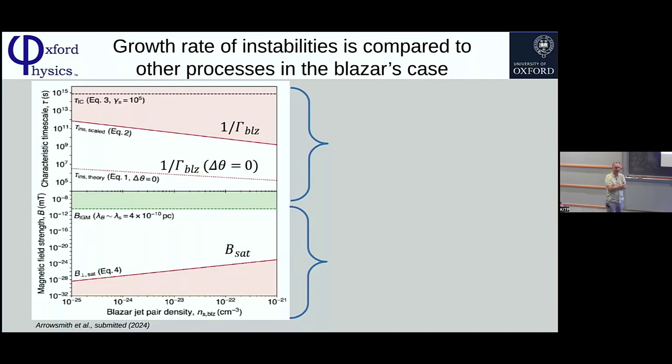Do you want the mic to make your good point? My understanding is that the FR2s tend to be in group environments, and there are some giant double-lobe radio galaxies extending megaparsecs, in which presumably the jet has pushed into a void.